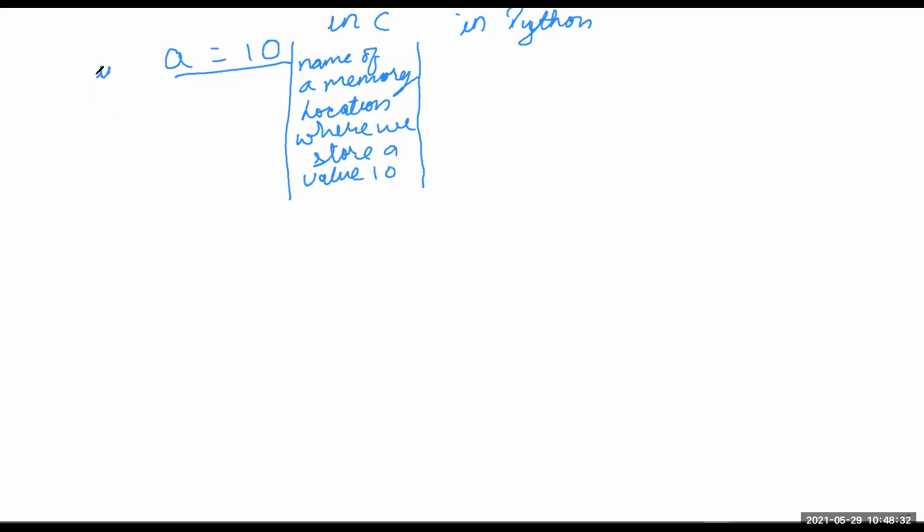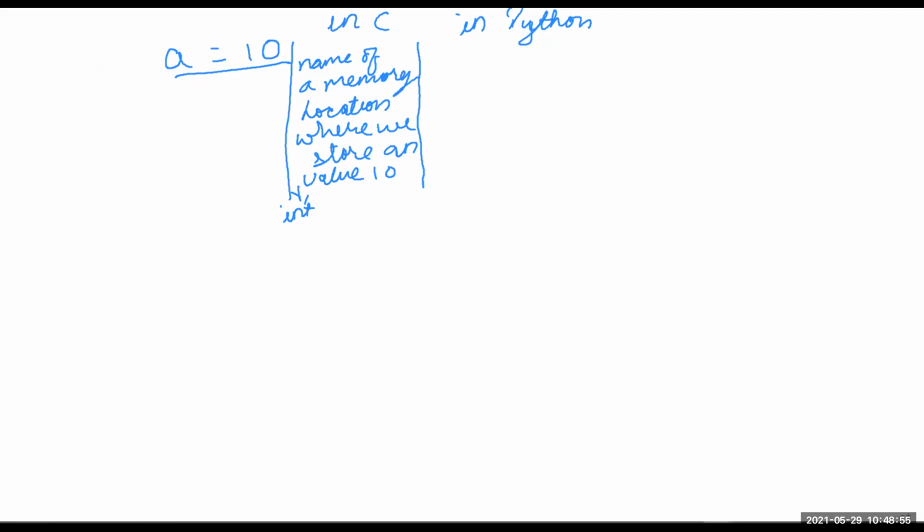Suppose it is an integer in C, so we'll say it is the name of a memory location where we store an integer value. Here we'll write integer value 10. Is this thing clear? In C, I'm talking about. Is it clear? Yes, sir.